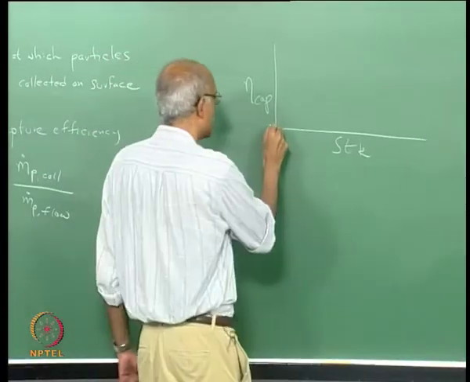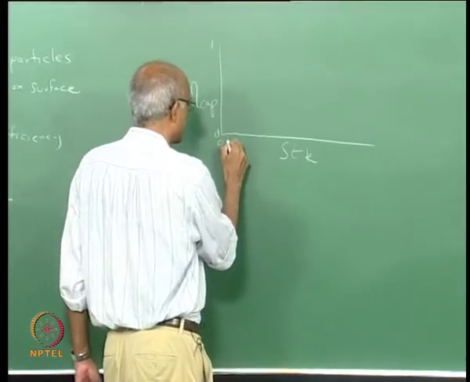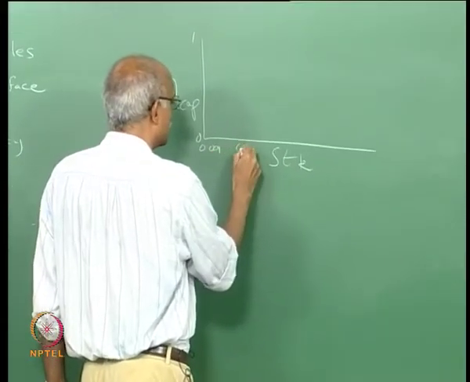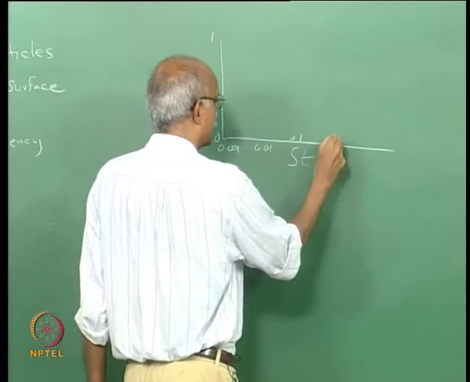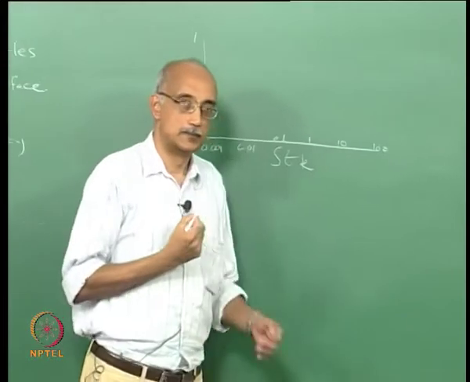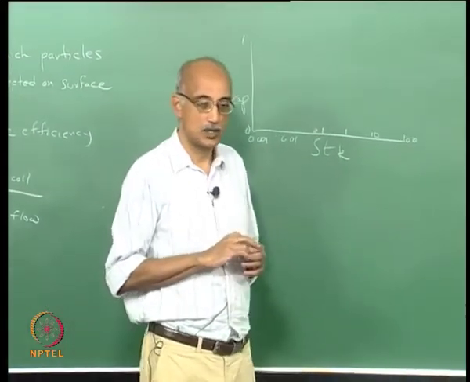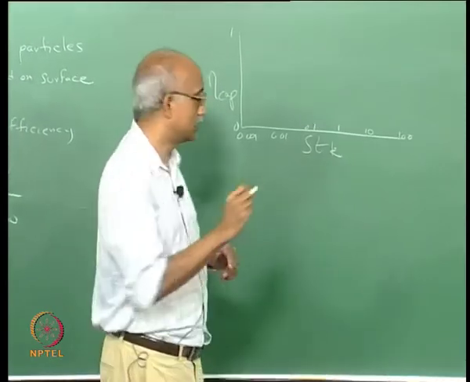Let's say that this starts from 0 and goes up to 1, and here you start from, let's say, 0.001, 0.01, 0.1, 1. What kind of a shape do you expect? It's actually an S-shaped curve.